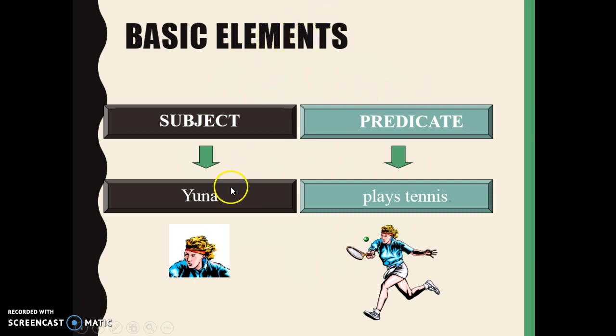For instance, Yuna plays tennis. The subject is Yuna, the predicate or the verb is plays tennis. Another example: Miss Nabira teaches the students. Miss Nabira is the subject, teaches is the predicate, also known as the verb.